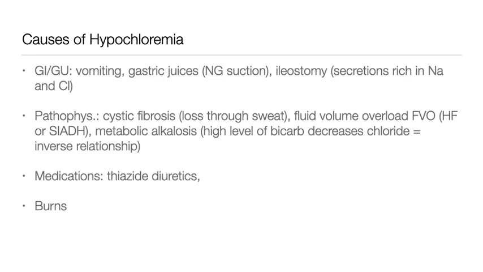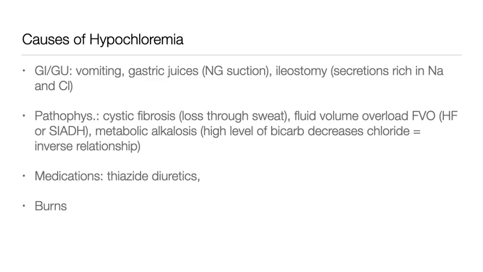Cystic fibrosis, we lose chloride through sweat and mucus production. Fluid volume overload in heart failure or syndrome of inappropriate antidiuretic hormone, whatever that is called. And then we also might see it with metabolic alkalosis.